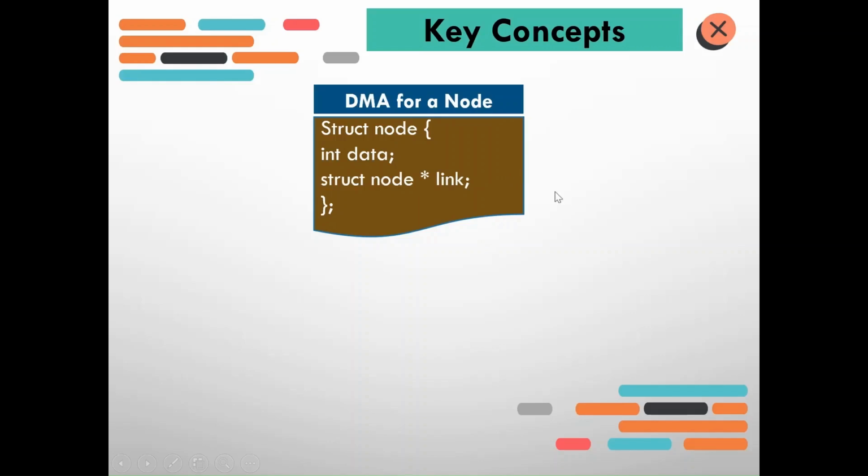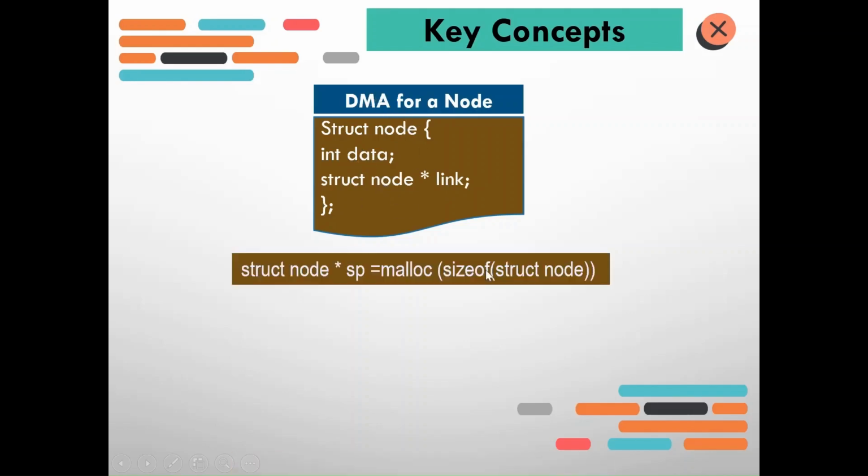If you are writing struct node, this basically is a structure variable consisting of two parts. The integer part is the data, and there is a pointer part. As you would be aware, any pointer variable takes 2 bytes to store. So 2 bytes of this and 2 bytes of this int, so that would be the total size of this struct node.